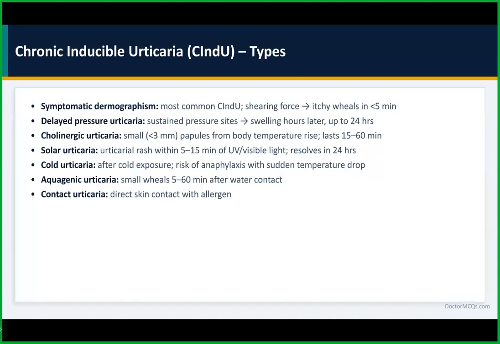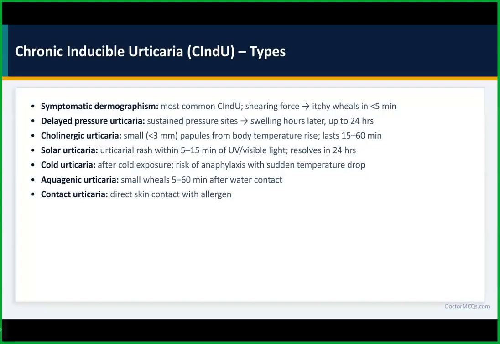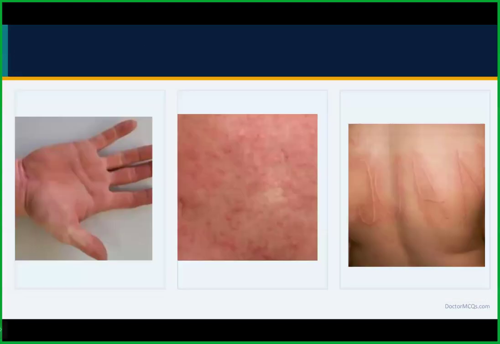We studied delayed pressure urticaria here. Sometimes the patient is working with hands and feet, and because of the continuous pressure, they can develop a condition like this first picture. The second one is cholinergic urticaria, and in this last one the patient's back is sensitive, and this is known as symptomatic dermographism.